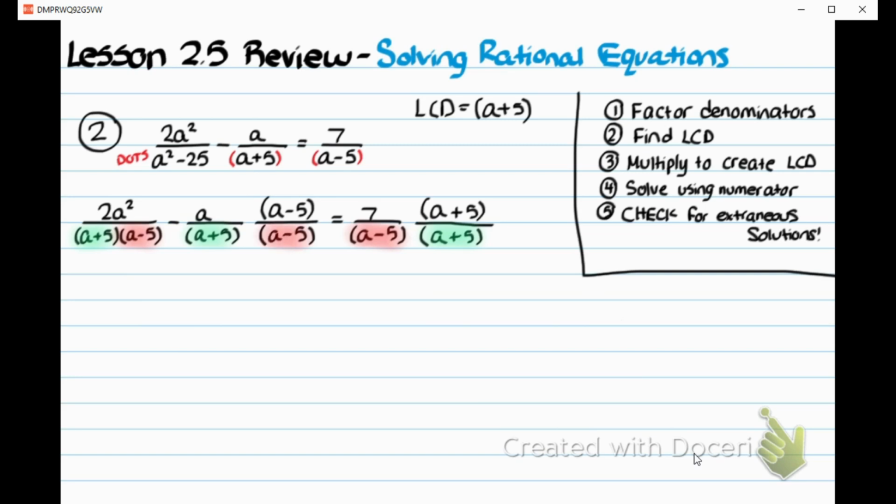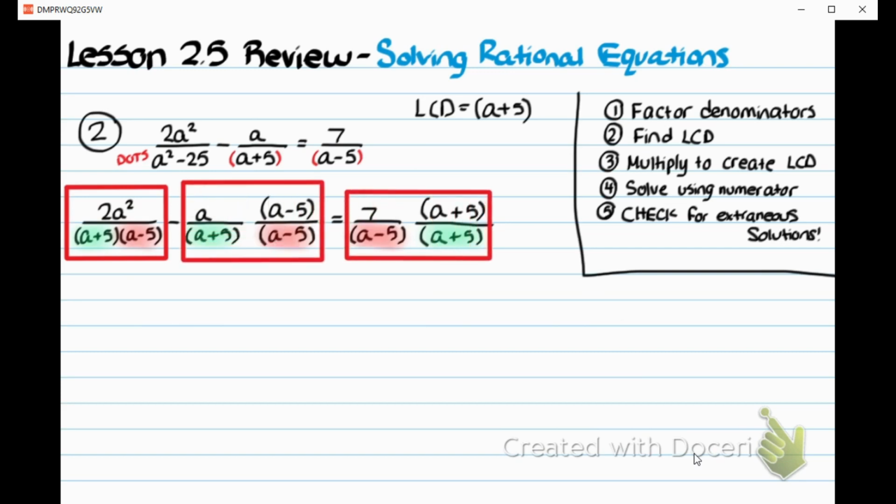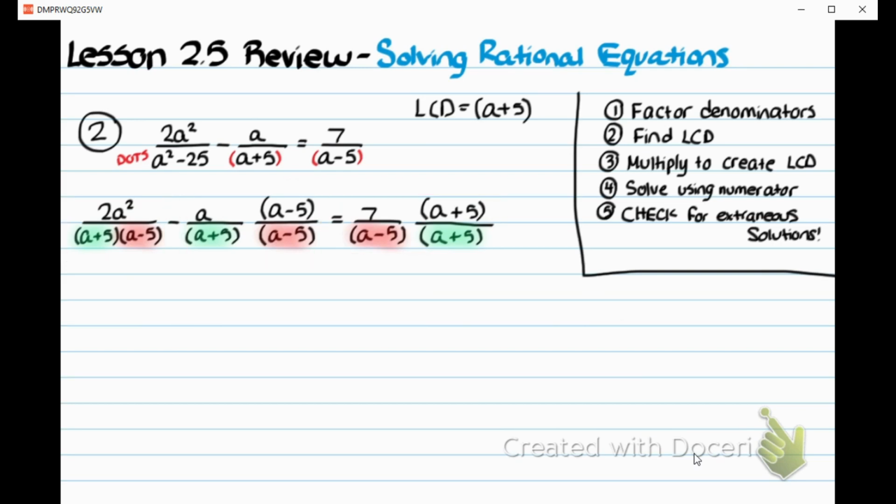So now all three fractions, and if you want to look at it a little bit easier, this is your first fraction, your second fraction, and your third fraction. They all have a minus 5 and a plus 5. So that's what I'm going to add to the LCD, is a minus 5. Okay, so that's my LCD.